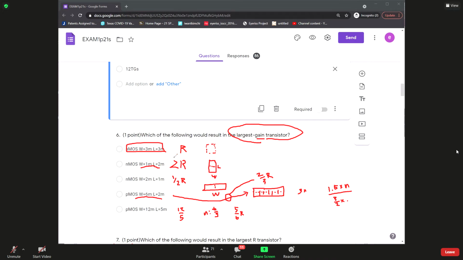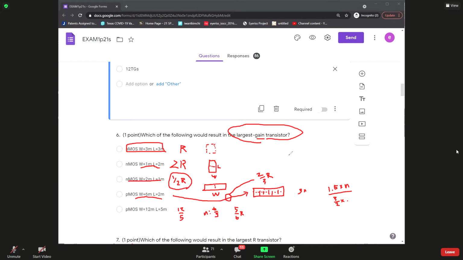Whichever one that has the lowest resistance. You guys all get it? Which one has the lowest resistance? So this transistor has the highest gain.